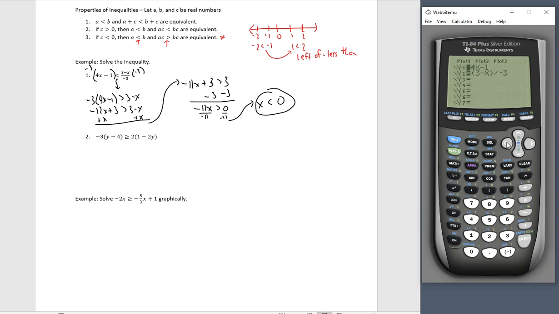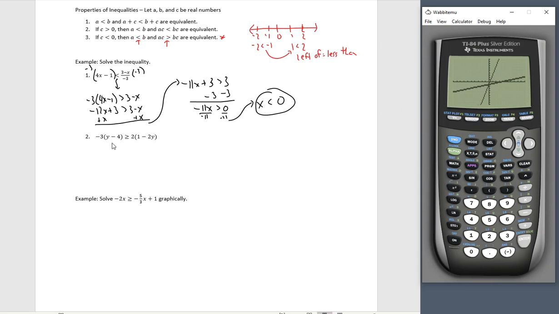We can differentiate these by going to the far left-hand side. I'm going to make the right-hand side a thick line. So there's y1, there's y2, and we can see when 4x minus 1, the thin one, is below the thick one. Well, it's for x values less than 0. So we can make sure that we chose the right part. We switched our inequality 2 times, but we still got the right answer, verified graphically.